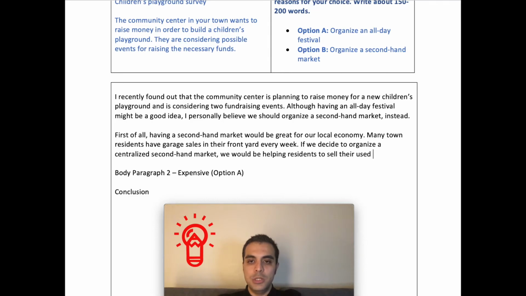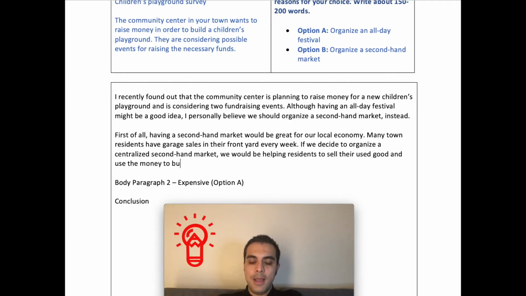They're used goods, because we've used second-hand, I believe, once or twice. So it would be helping residents to sell their used goods, and we could say use the money to buy new products.